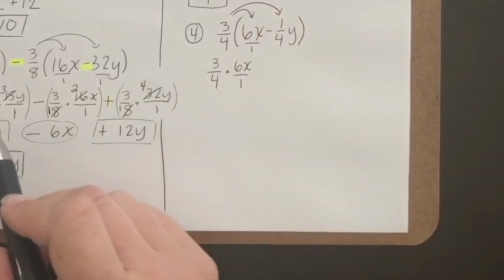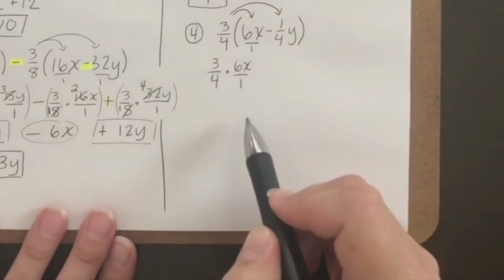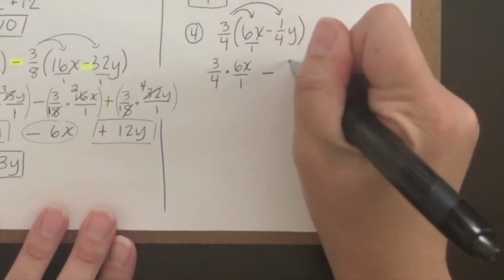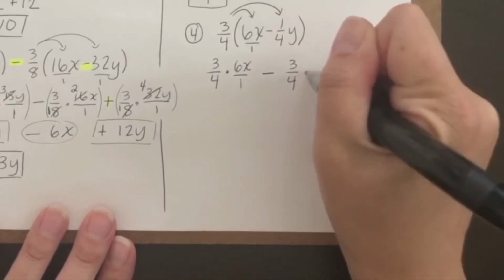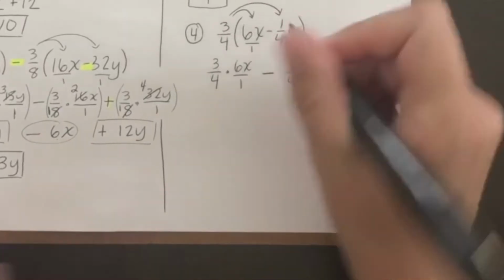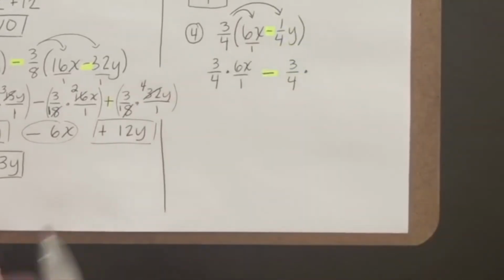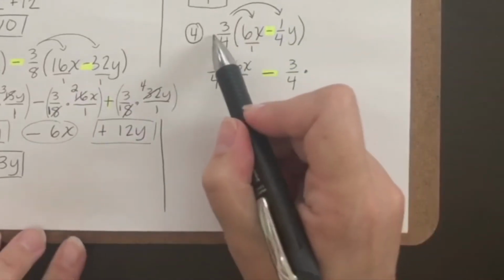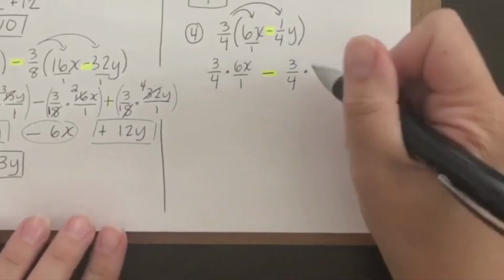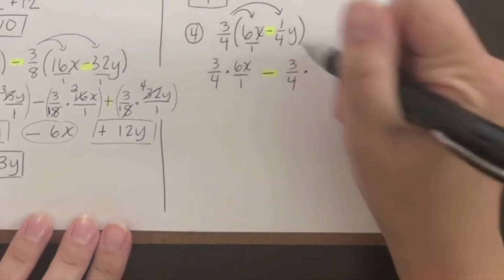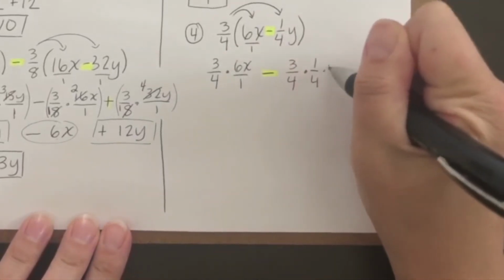I'm going to use the technique that I used over here. Minus 3/4 times, and that's because this is a negative here. And there's no negative out front, so it's just one negative there. Times 1/4 times y.